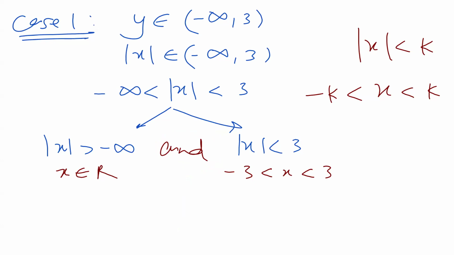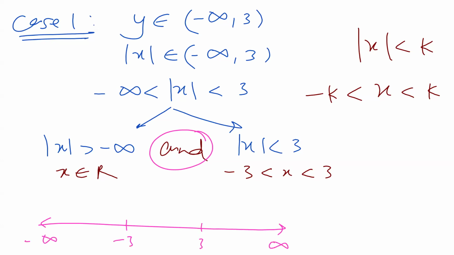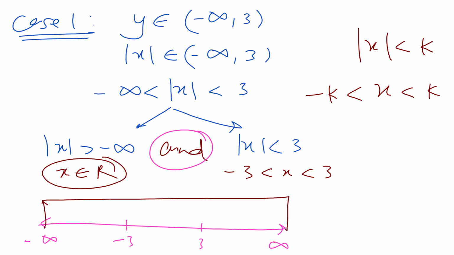Okay, now the next part is very crucial because there is "and". So we have minus 3, we have 3, we have negative infinity, we have positive infinity. X belongs to real values, so x will be this entire thing. All real values.